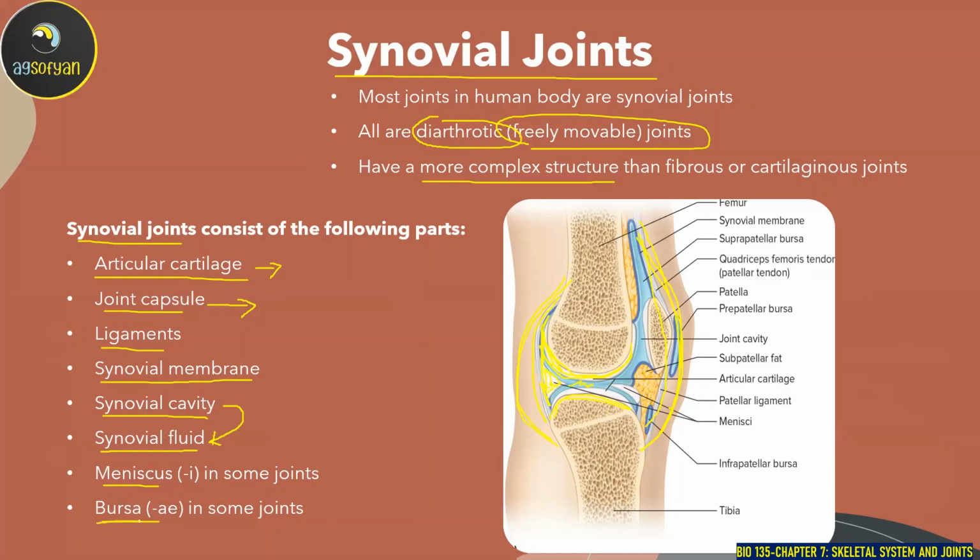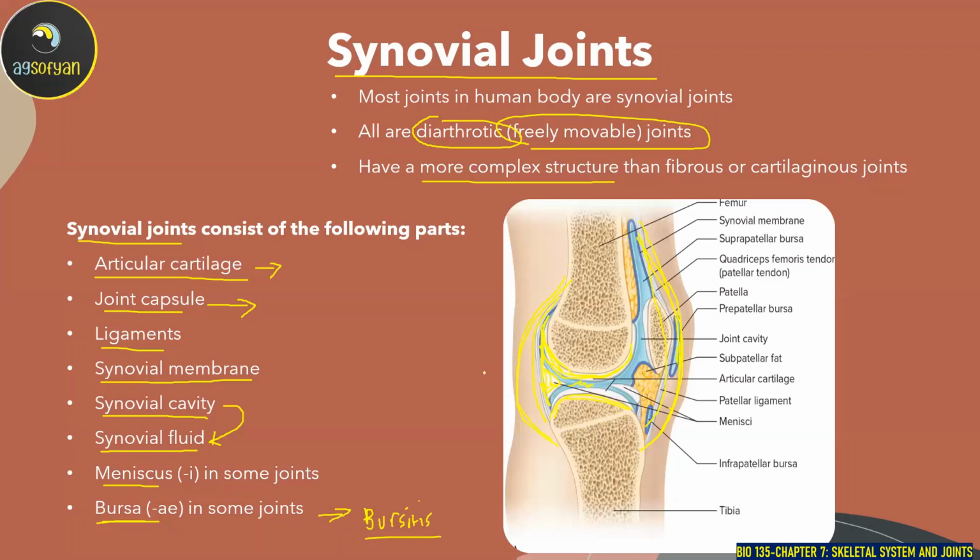A bursa is an empty space located in some joints. Sometimes bacteria can cause infection in the bursa, and that infection is called bursitis. So bursitis is an infection of the bursa, mostly by bacteria, causing inflammation of the joint area.